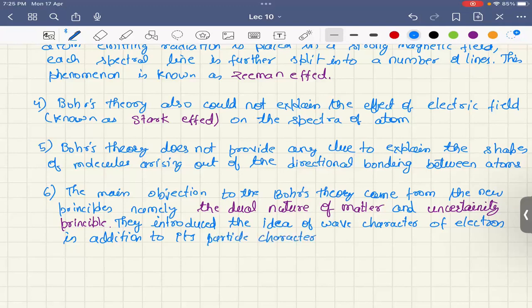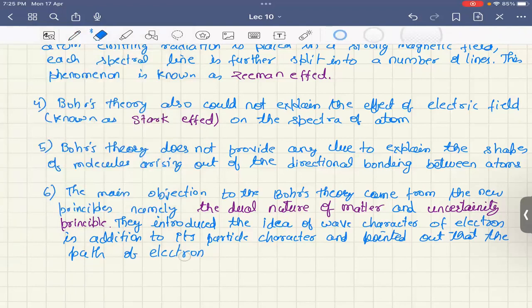And pointed out that the path of motion of the electron cannot be well defined.